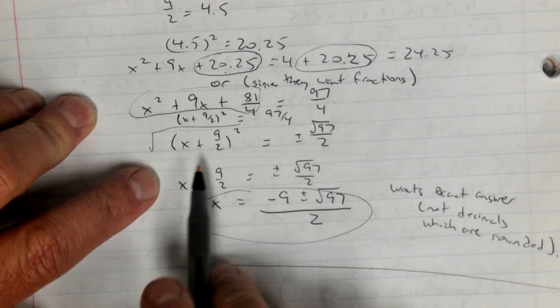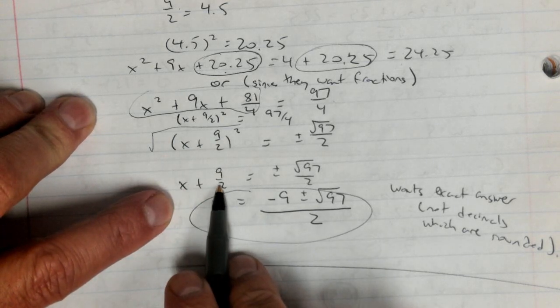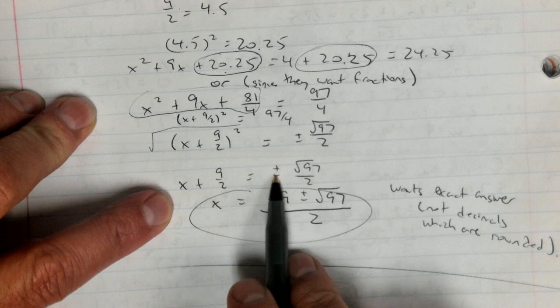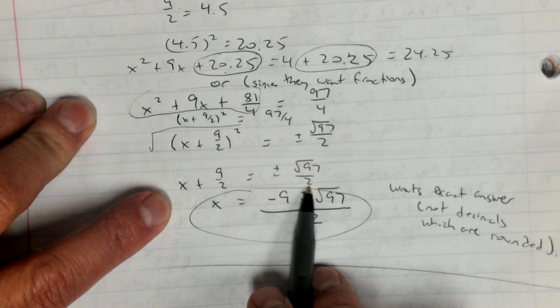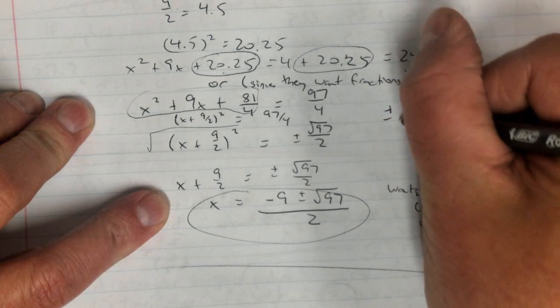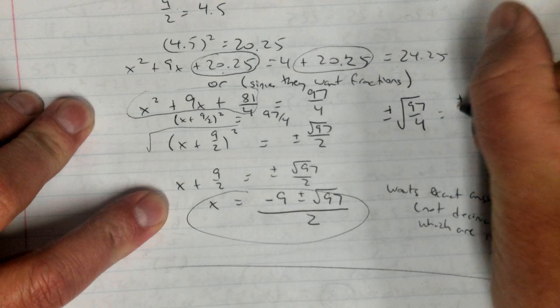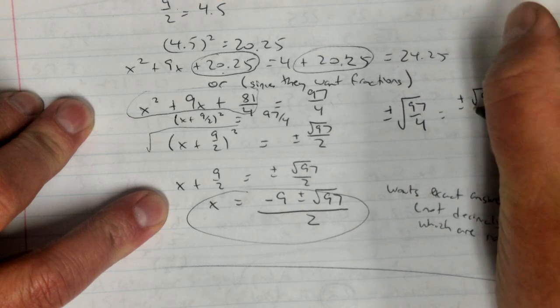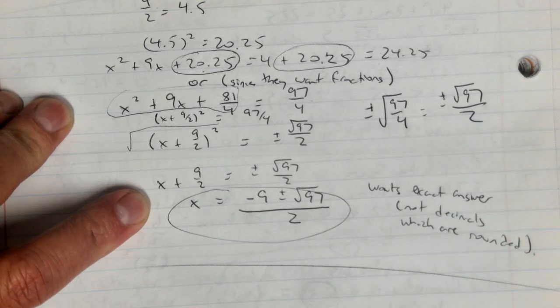So when we simplify this, we get x plus 9/2 equal plus or minus the square root of 97 over 2. Now what I did was I took the square root of 97 over 4 and I split it like this, and that's the easy way to think of it.